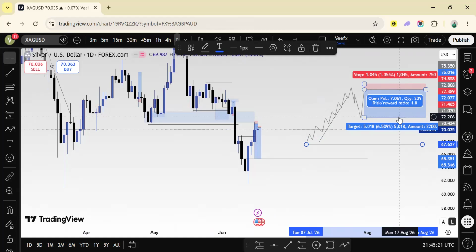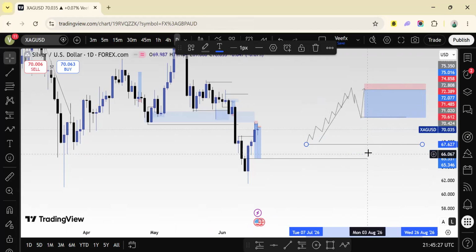But if my inducement liquidity take profit is small, the reward ratio is small, then I can extend further. I hope you guys are understanding. So you can also use inducement liquidity to take your profits, and I just showed you guys how.